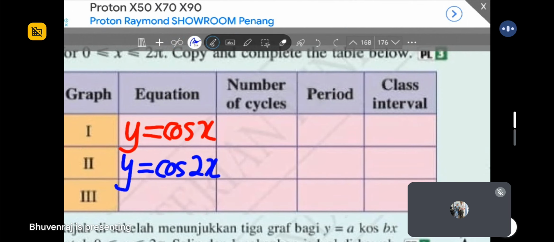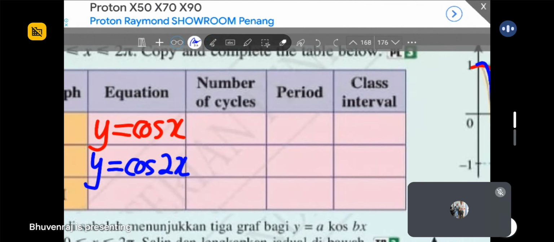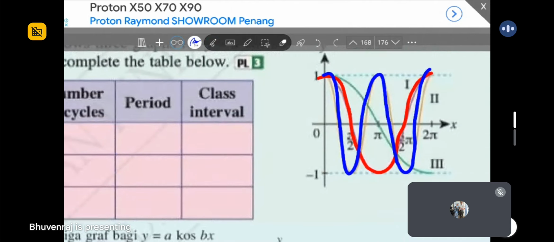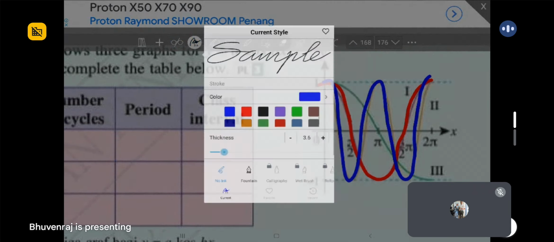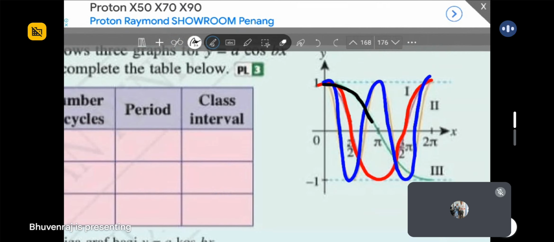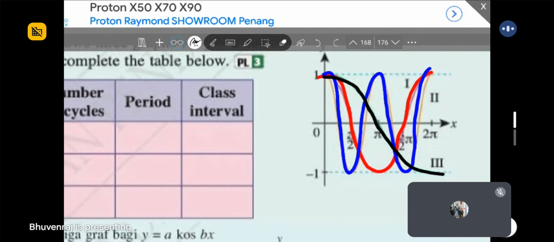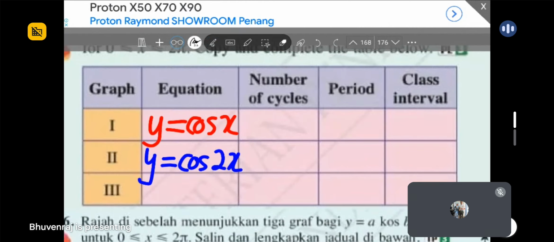Then the third graph is special. This is actually a half cycle. So y equals cos half x. This is how you can see it.